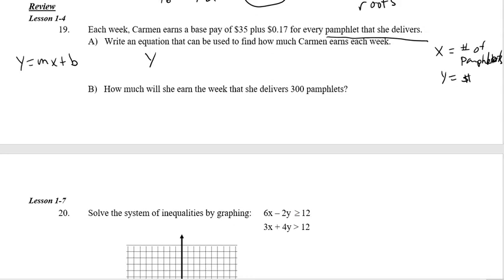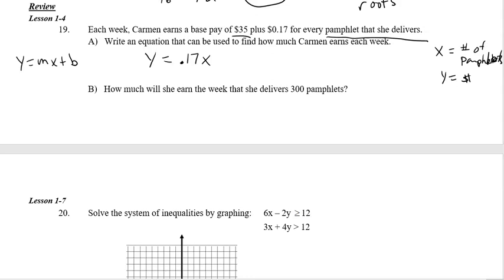So her pay is going to be found by doing this. Since pay is dependent on how many she delivers, and how many she delivers is x, then 0.17 really acts like the slope. As this number increases, the pay is going to increase.